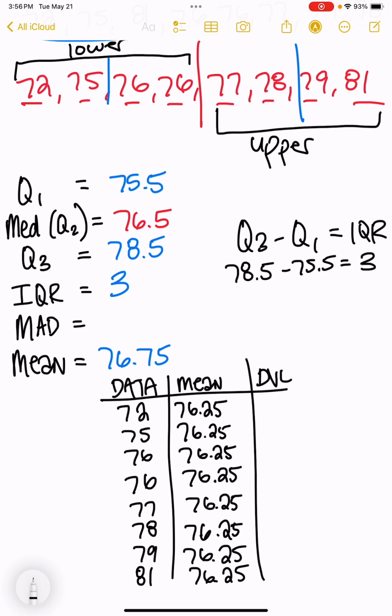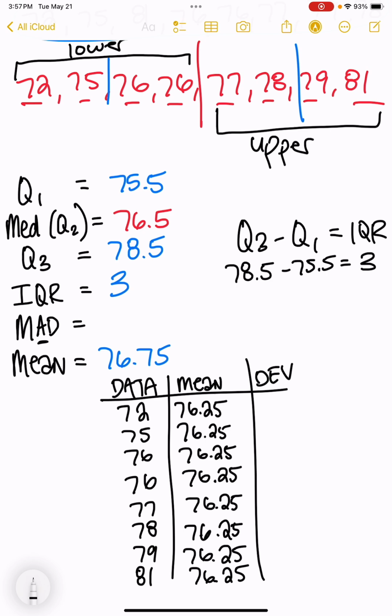And our last column will be representing what the deviation is. So we're trying to figure out how far away is the data point from the average, like how far do we stray away or deviate from the average of the data set. So from 72, subtracting 72 minus 76.25 will give us negative 4.25, but we're looking for the absolute.